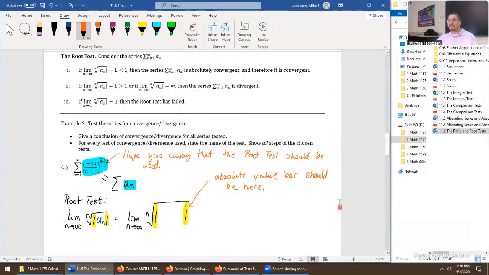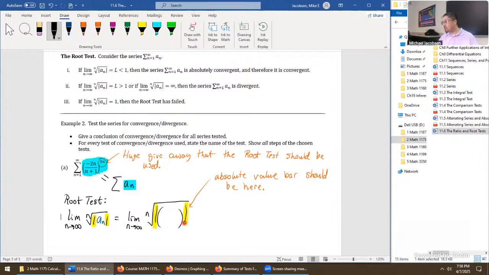I'm writing should because I can't say must. If you took the absolute value and just put in the right stuff, then that's okay with me as well. I'll just assume you knew you were taking the absolute value and dropped off that negative right there. Otherwise, it should be there, or else it's easy to forget the negative does in fact have to go away.